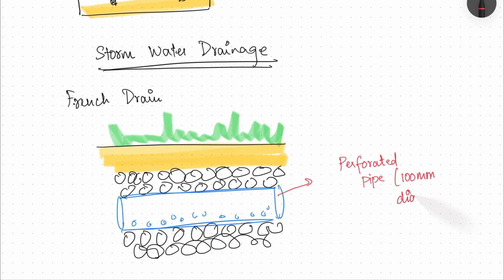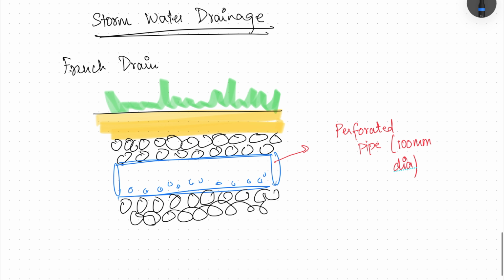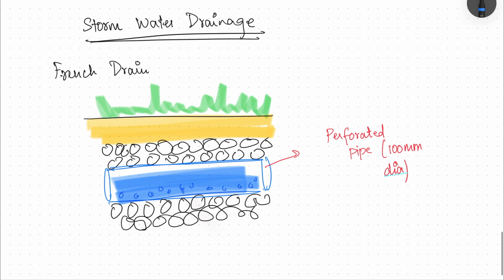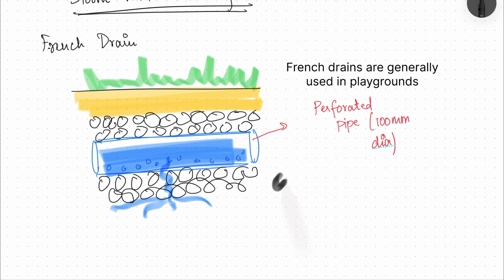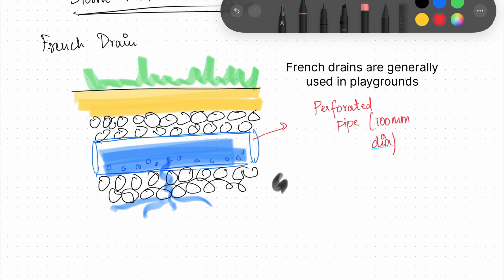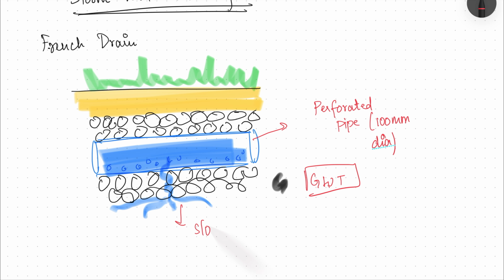So when the storm water is flowing through it, due to the perforation, it passes through the gravel and slowly percolates into the surrounding soil. And this is important to maintain your groundwater table.